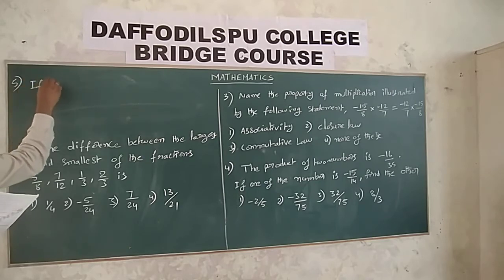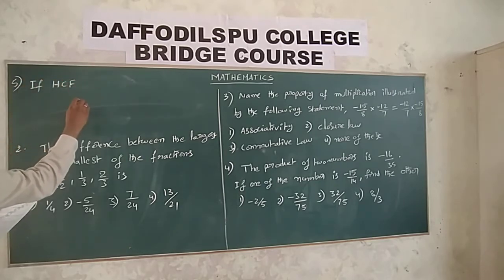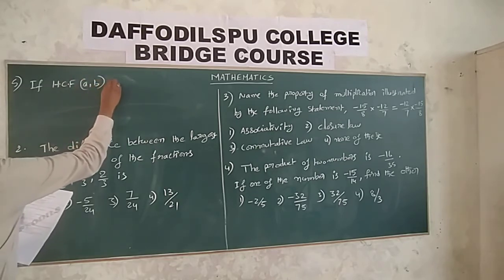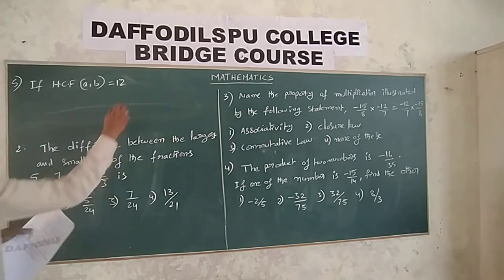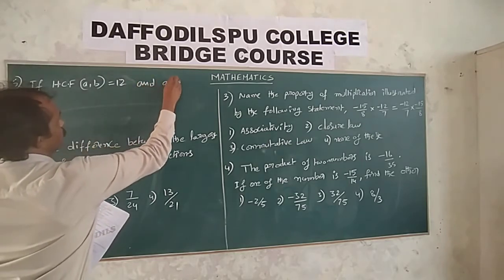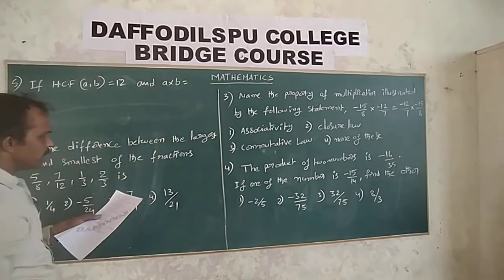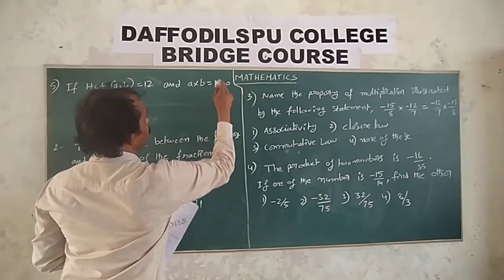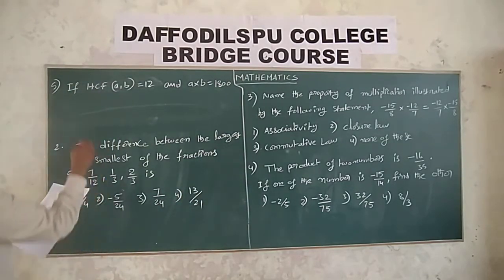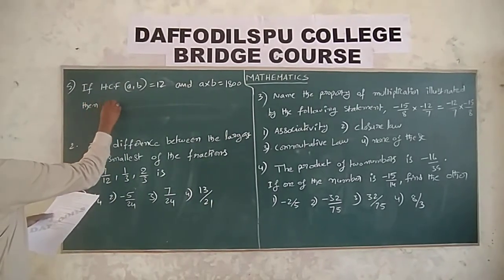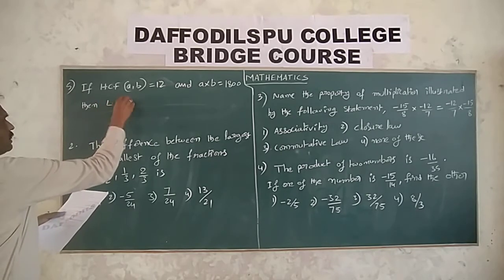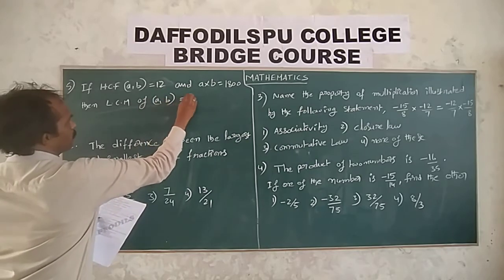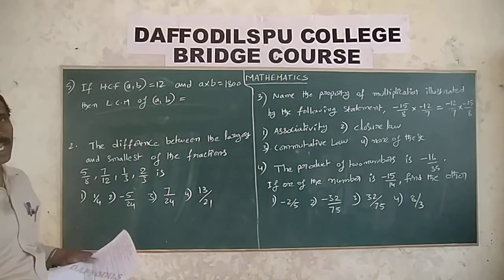If HCF of A, B is equal to 12 and A into B is equal to 1800, then LCM of A comma B is equal to what?